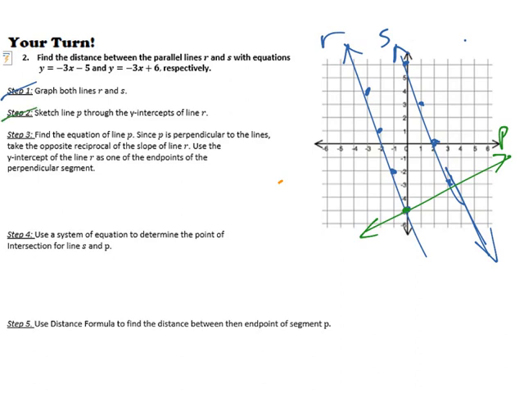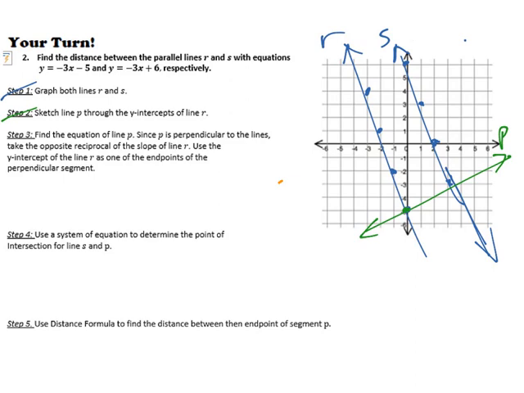Step 3, find the equation of line P. Since P is perpendicular to the lines, take the opposite reciprocal of the slope of line R, and use the y-intercept of line R as one of the endpoints of the perpendicular segment.